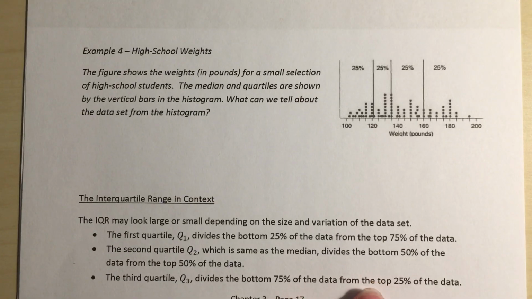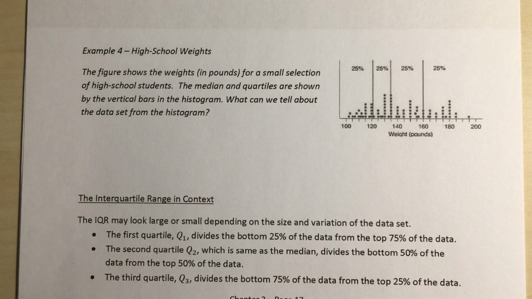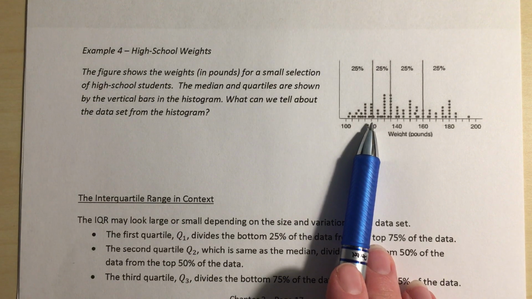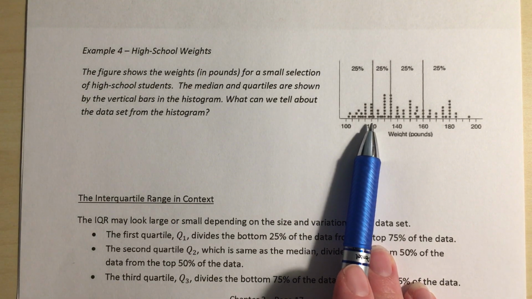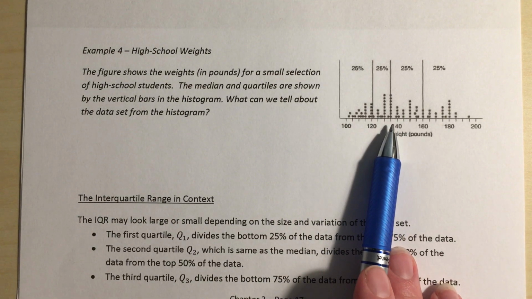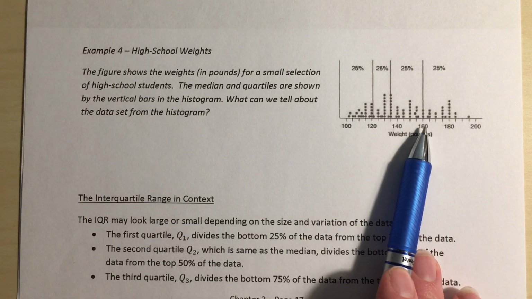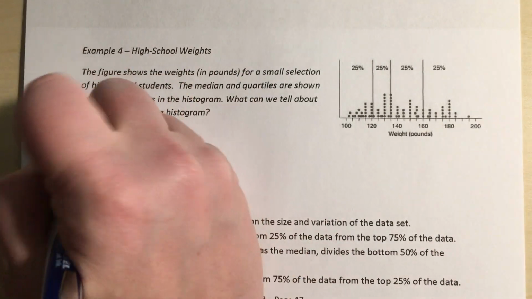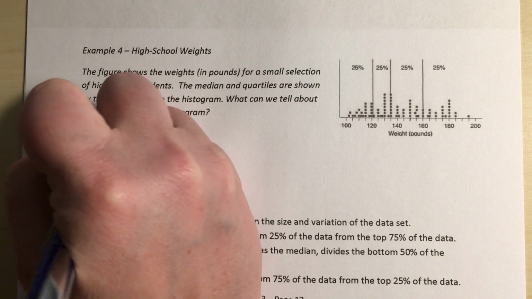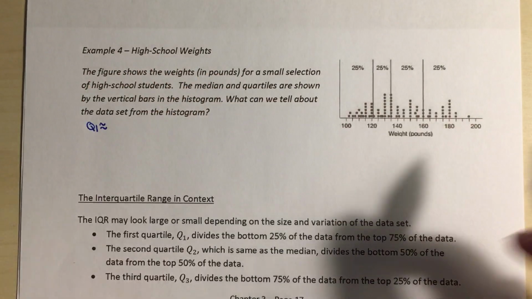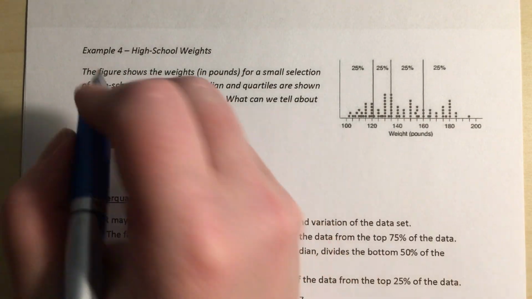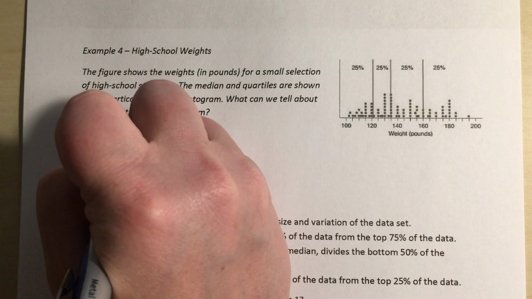Down at the bottom, this figure shows the weights in pounds for a small selection of high school students. The medians and quartiles are shown by the vertical bars in the histogram. What can we tell about this data set from the histogram? Looking at this, the first bar is going to be Q1, this is going to be Q2, our median, and this is going to be Q3. Q1 is close to 120 pounds; we don't know exactly.